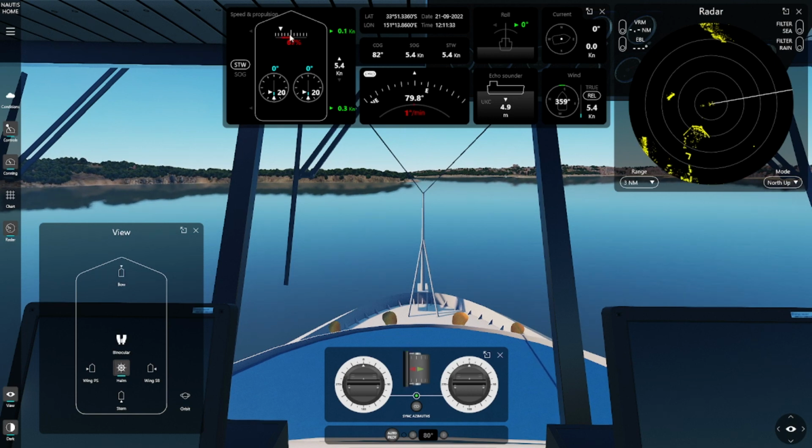So I've got the bow thruster set 70% to port, and we're still doing 5.5 knots ahead. As you can see, very, very ineffective right now.